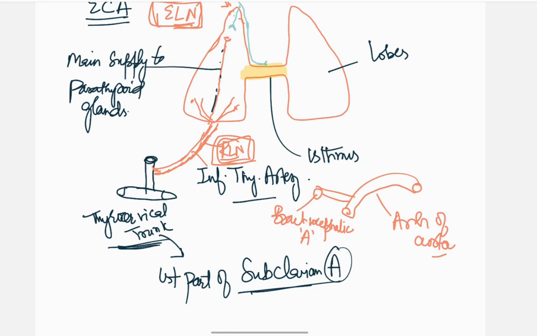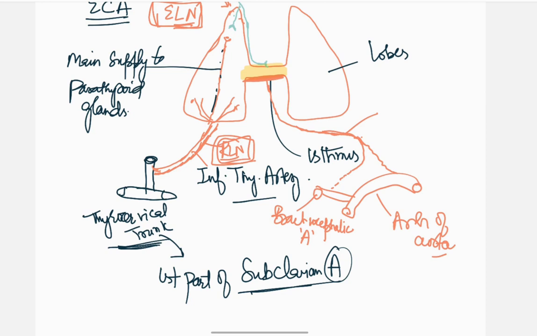In rare cases, not common in all people, either from this or from this, we have two arteries which join here to form a common artery which goes up to the lower portion of the isthmus to supply the lower border of the isthmus.